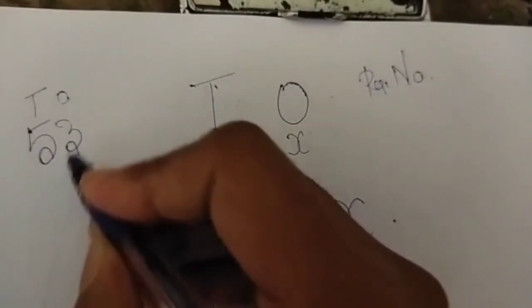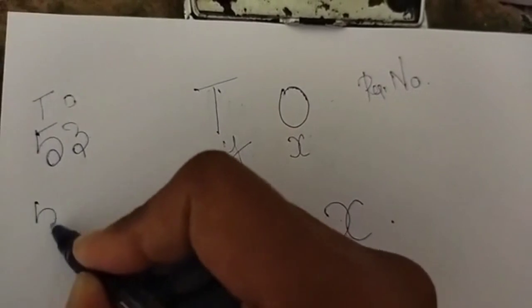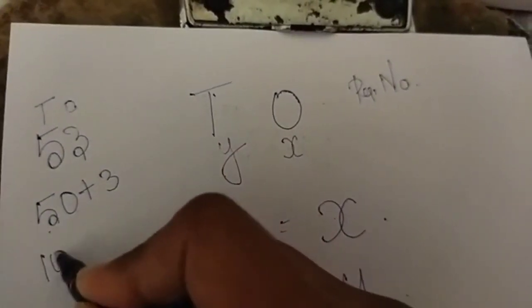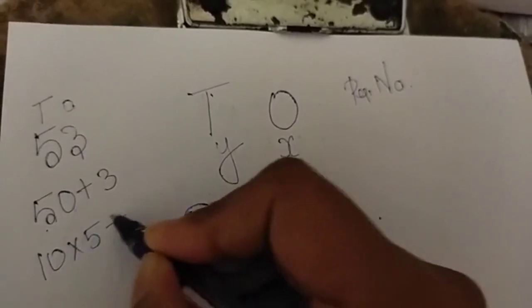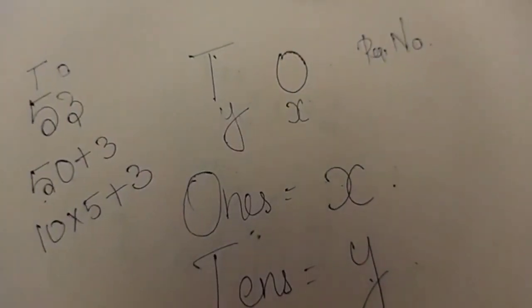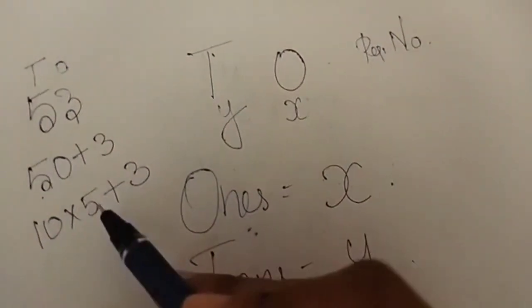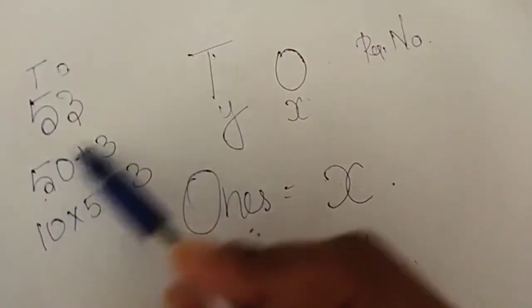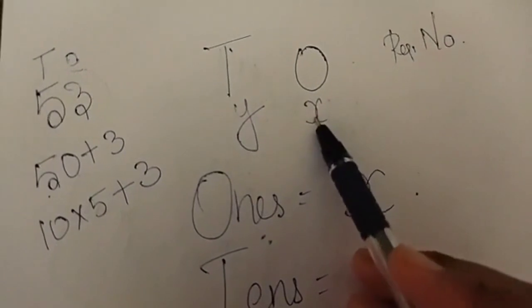Whenever you take a 2-digit number, for example 53, 3 is the ones digit and 5 is the tens digit. How can you expand 53? 50 plus 3, and 50 can be written as 10 into 5 plus 3. So we always write the number as tens digit into 10 plus the ones digit.